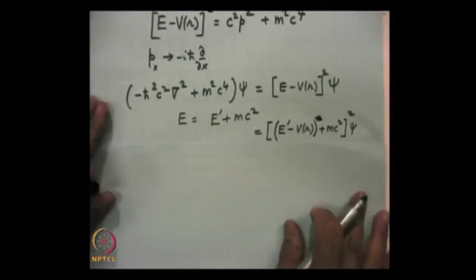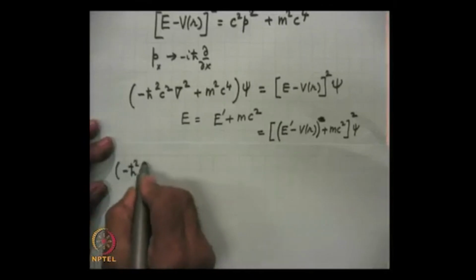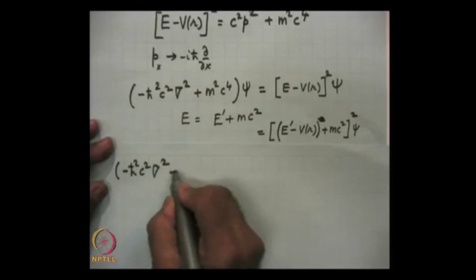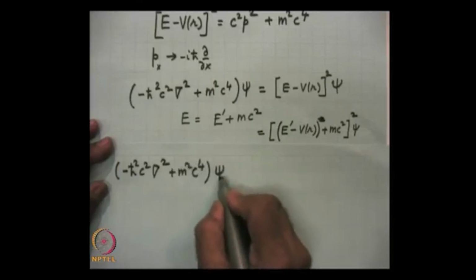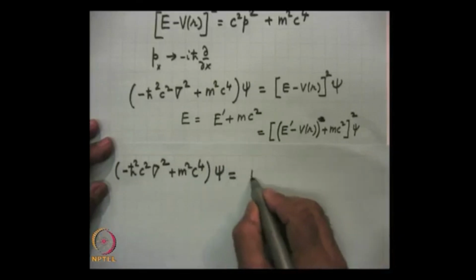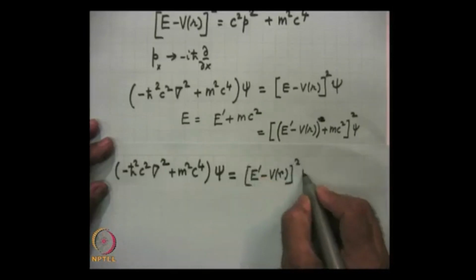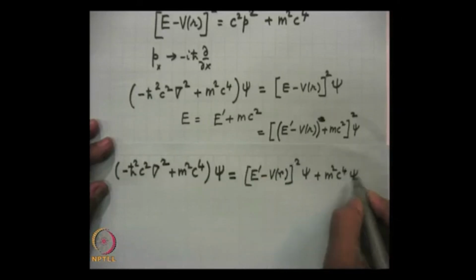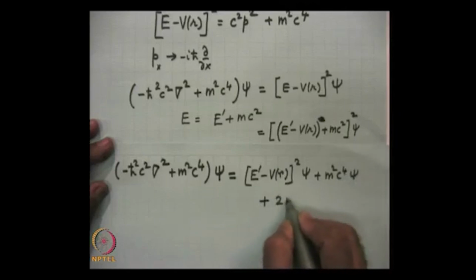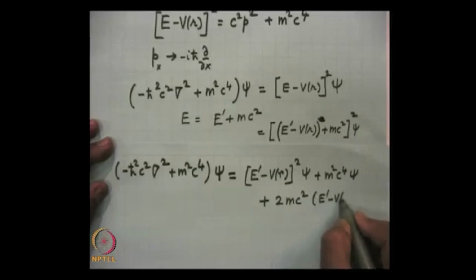You will get for the left hand side minus h cross square c square del square plus m square c4 psi is equal to E prime minus V of r whole square times psi plus m square c4 psi plus 2 m c square E prime minus V of r psi.